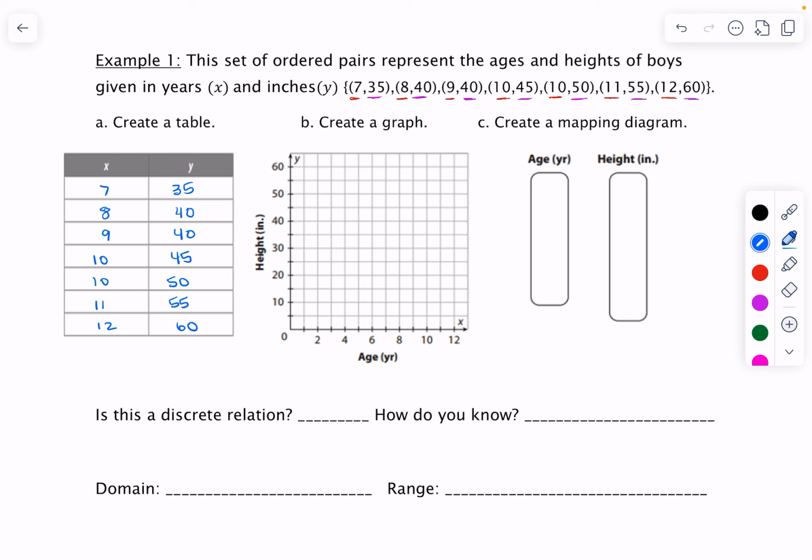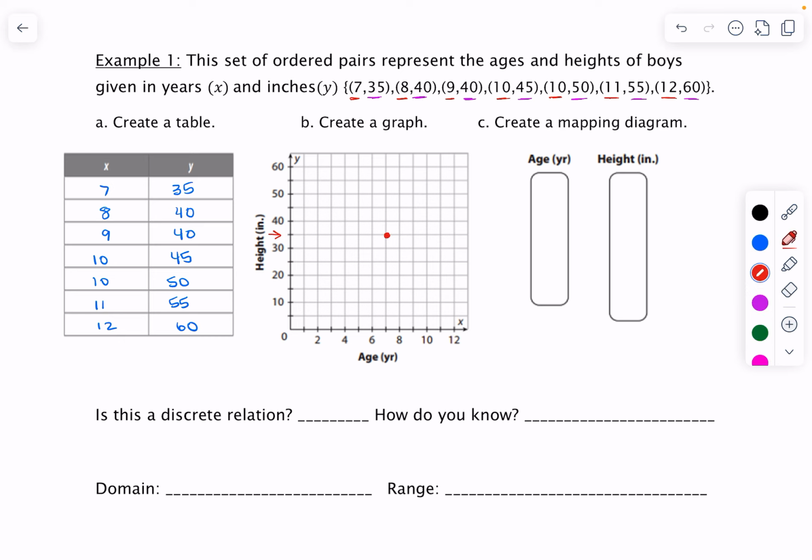And now that I've got a table, I've got my coordinate pairs, I should be able to create a graph. When we plot coordinate pairs, we always do the x first and then the y. So 7, 35, here's my 7 right there, and my 35 is right here. So I'm going to go over to the right 7, up to 35, and draw my coordinate pair.